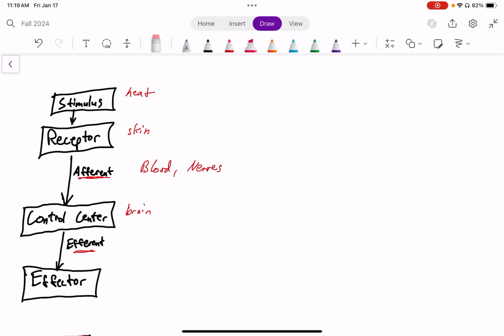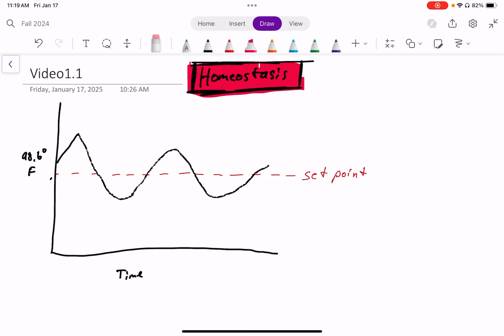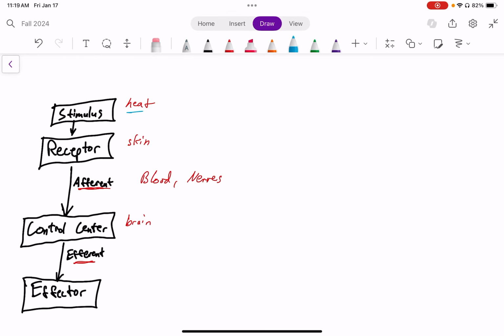And so, for example, with body temperature, if we go back up here, this is what we would call a negative feedback loop, because in response to changes, the body is doing its best to keep the value at a set point. In response to the stimulus of heat, the control center will tell effector organs to vasodilate or sweat.